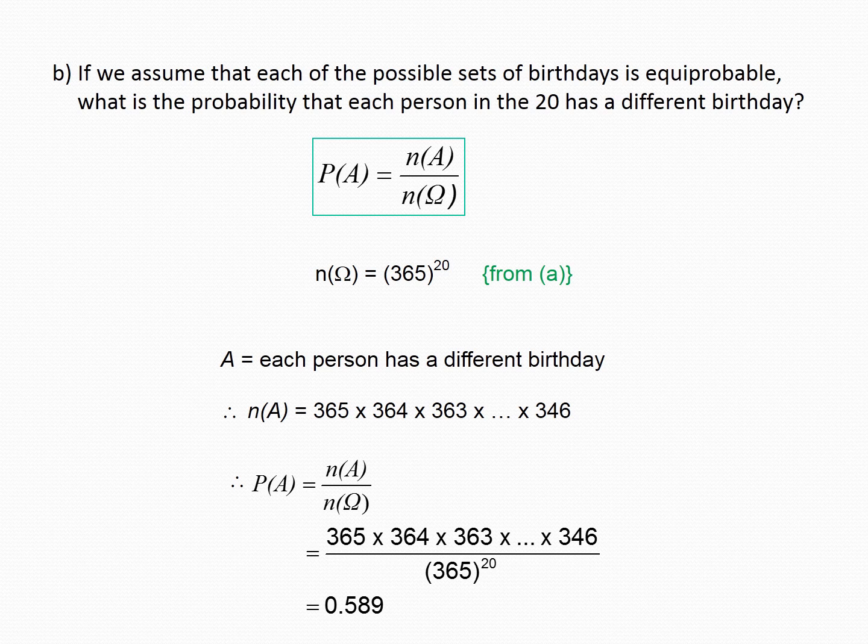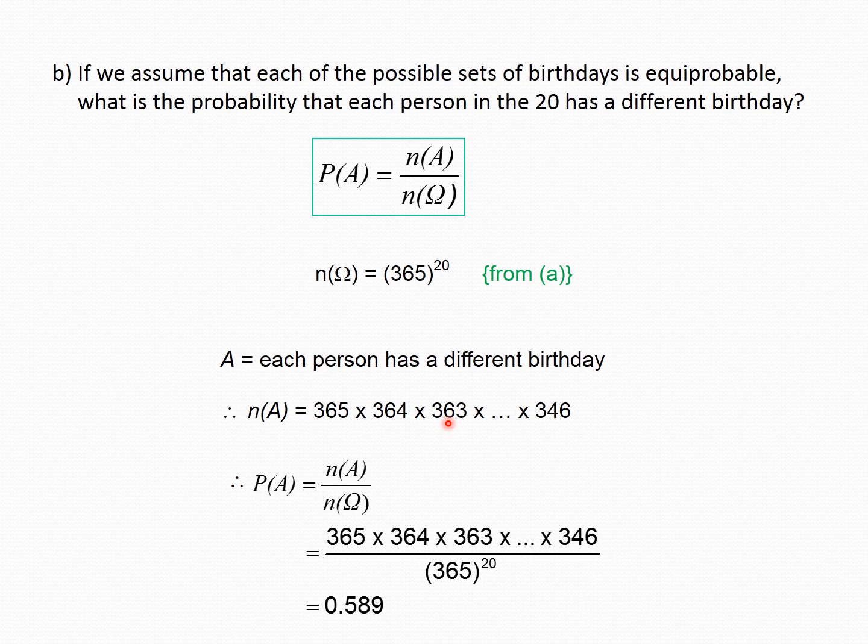Then the first person will have 365 possible birthdays, but then for the second person, the birthday must be different than the first person, so the second person will only have 364 possible days in which he can have his birthday.